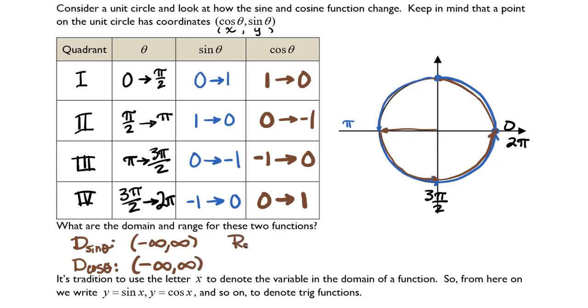The range for both is also a high point of 1 and a low point of -1. So we would go from smallest to largest in interval notation, including the low and the high point. So the range is -1 to 1 for both sine and cosine.